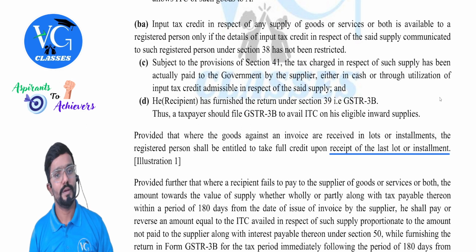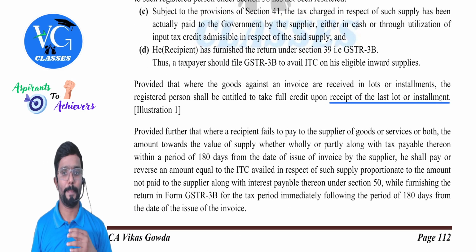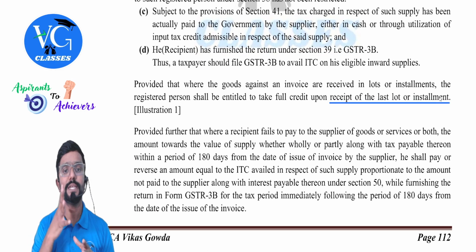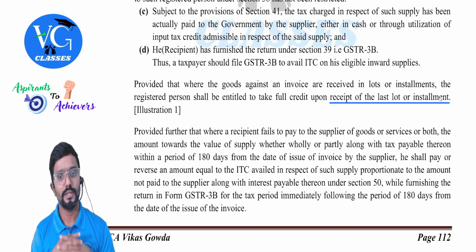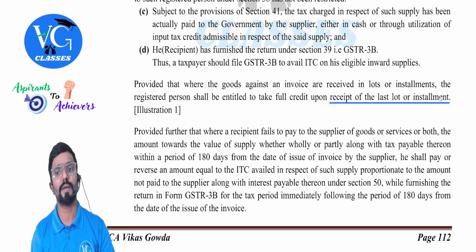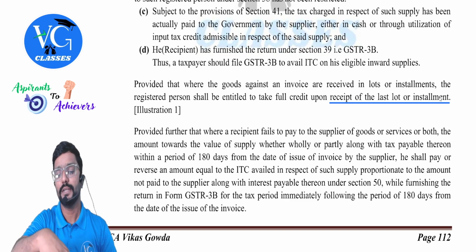Okay, sir. BA done. Next, clause C. Clause C, subject to the provisions of section 41, the tax charged in respect of such supply has been actually paid to the government by the supplier, either in cash or through utilization of input tax credit admissible in respect of said supply.